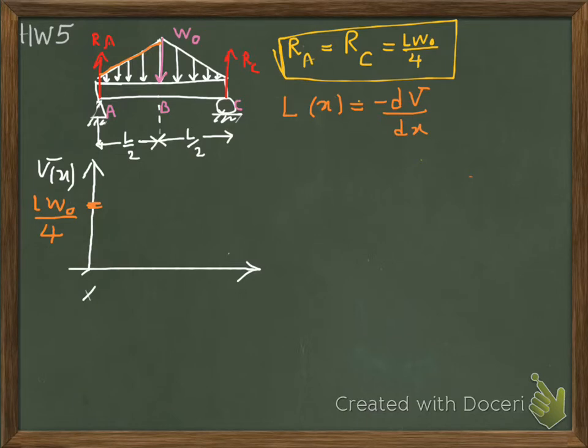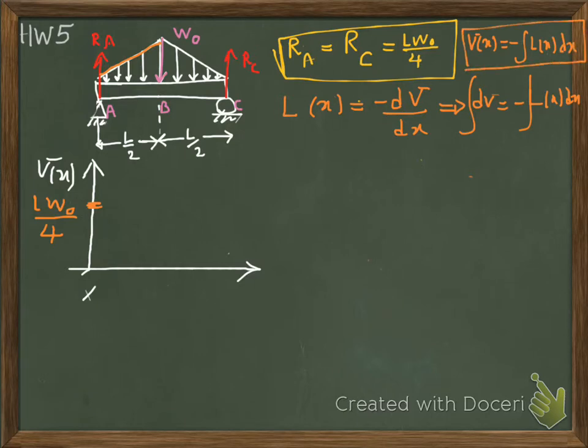What this tells us is essentially that dV equals minus L of x dx, and I can integrate both sides and end up eventually being able to say that V of x is minus the integral of L of x dx.